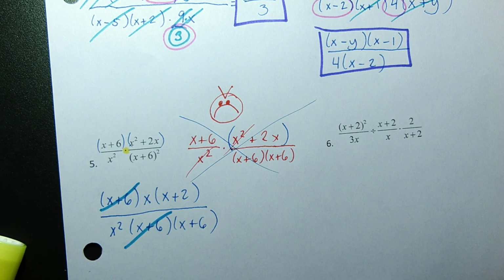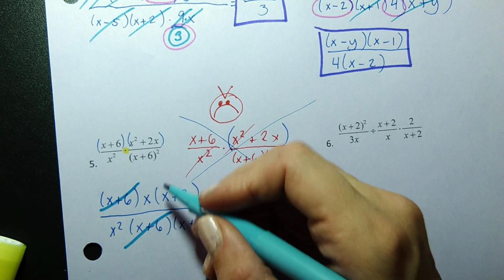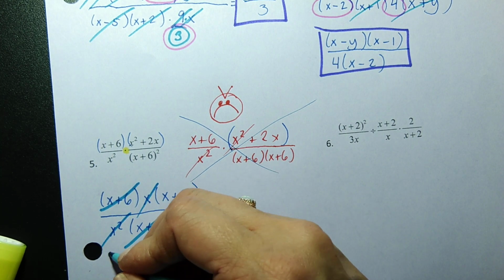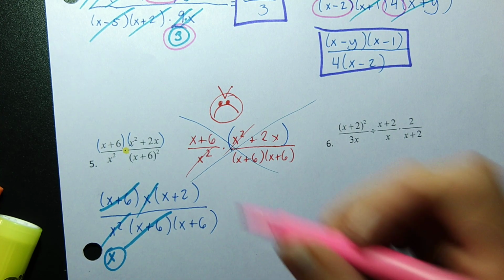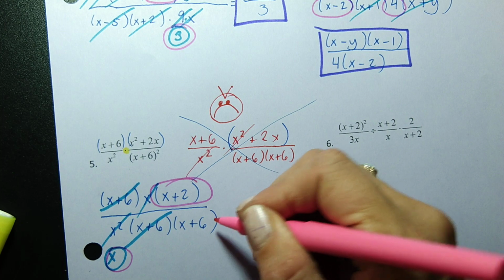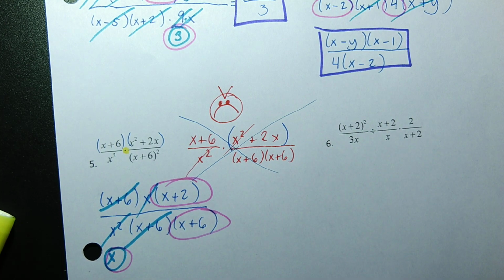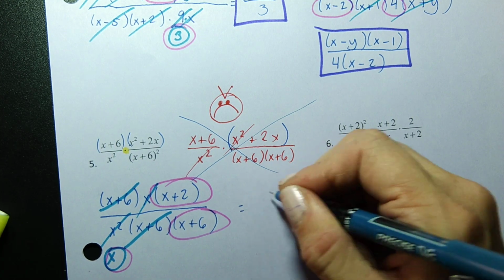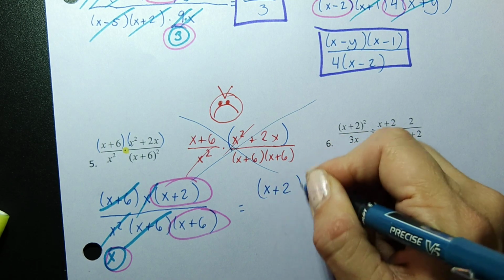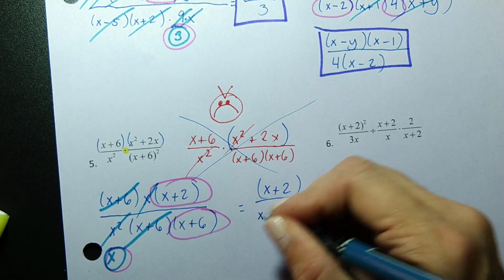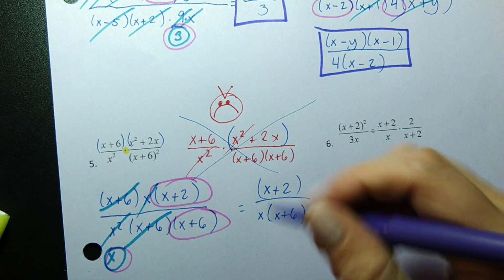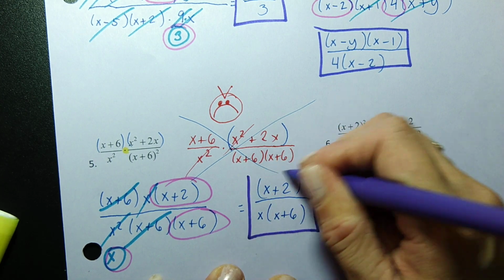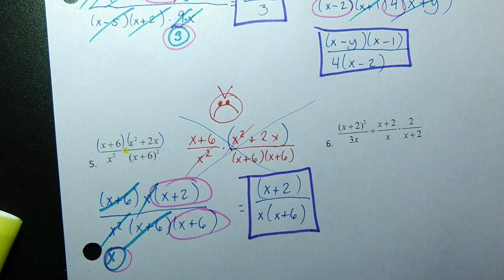And is there anything else? If I take an x out from the top and the bottom, we are left with an x. So that will leave me with x plus 2, x, and x plus 6. So x plus 2. Leave it in factored form. Monomial in front, binomial behind. And that's our final answer.